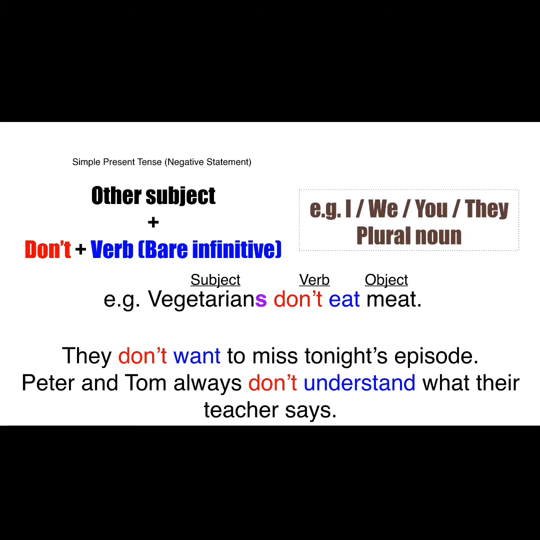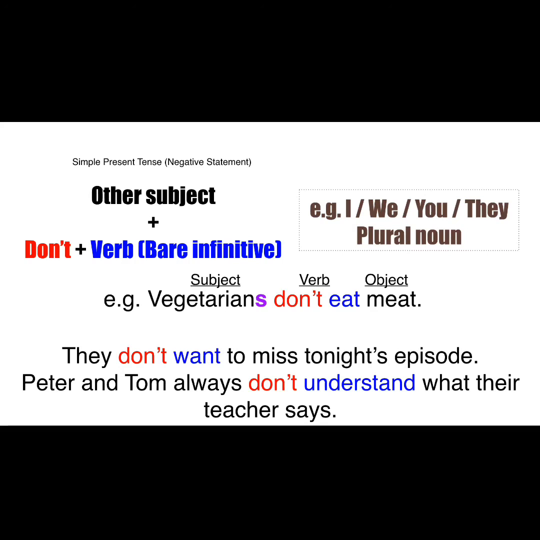And also, we don't need to add s or es after the verb if we use the word don't. For example, vegetarians don't eat meat. You can see that the subject, vegetarians, is a plural noun. So we'll choose the word don't before the verb eat. And we don't add s or es after the verb eat.